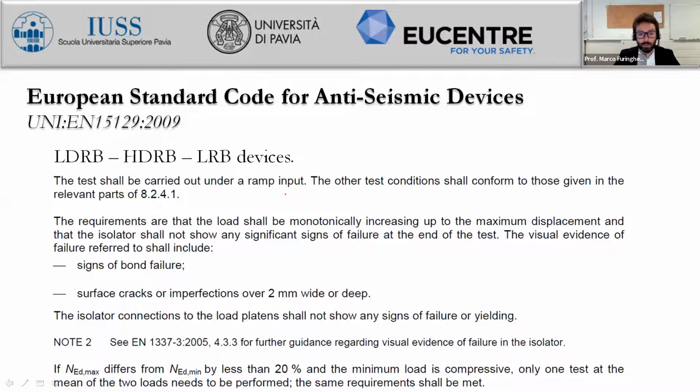Again we have to see if there are failures, cracks, or imperfections. It could be performed at two different values of vertical load, which are representative of the variation of the vertical load with respect to the previous numerical analysis performed by the structural engineer.